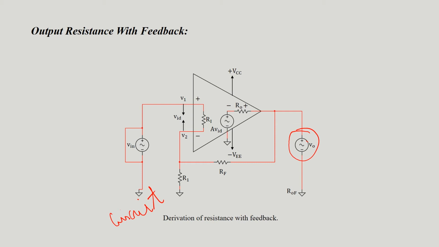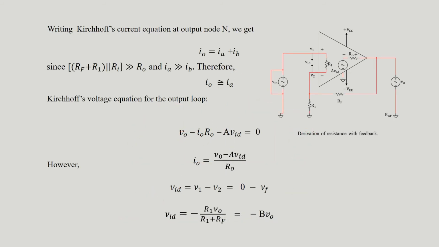Now this is ROF, the output resistance with feedback. So now to calculate the output resistance with feedback, we have to Thévenize this circuit, and you can see that this is the output resistance as seen from the output.